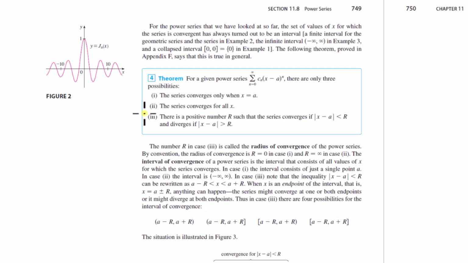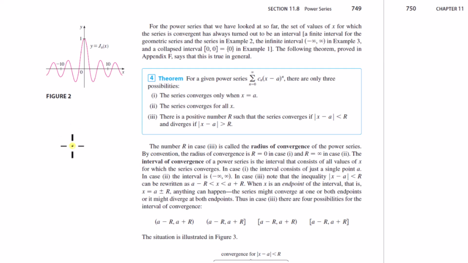What they're saying is you'll never have a power series, even if, let's say it's centered at 3, where the interval of convergence goes from 2 to 5. No. Right?